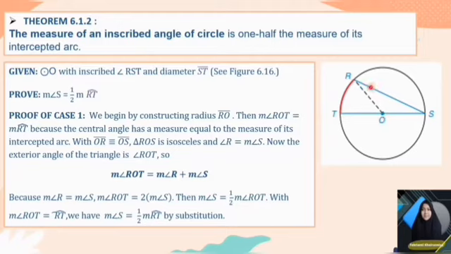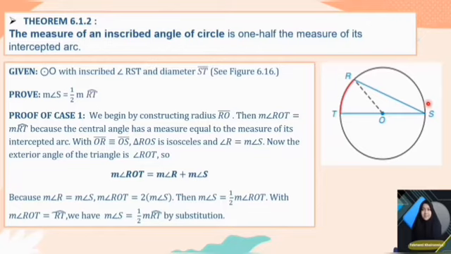Then the measure of angle ROT equals the measure of arc RT, because the central angle has a measure equal to the measure of its intercepted arc. With segment OR congruent to segment OS, triangle ROS is isosceles and the measure of angle R equals the measure of angle S.